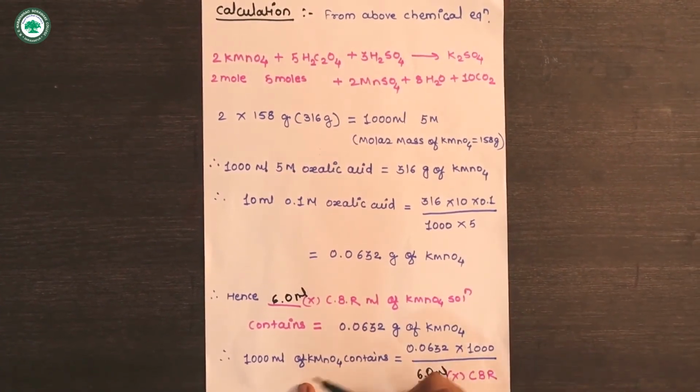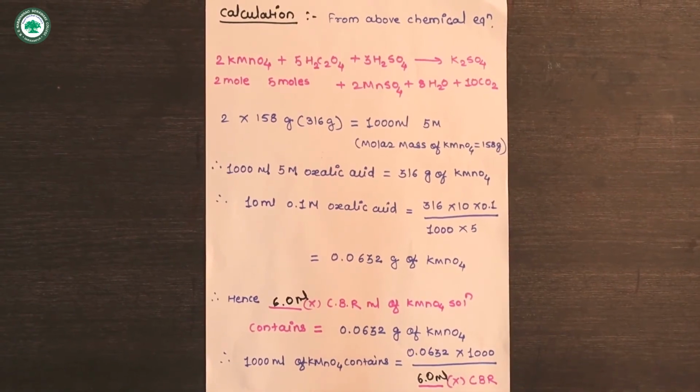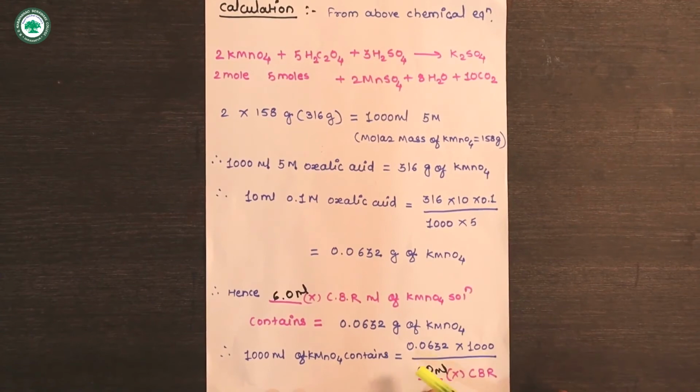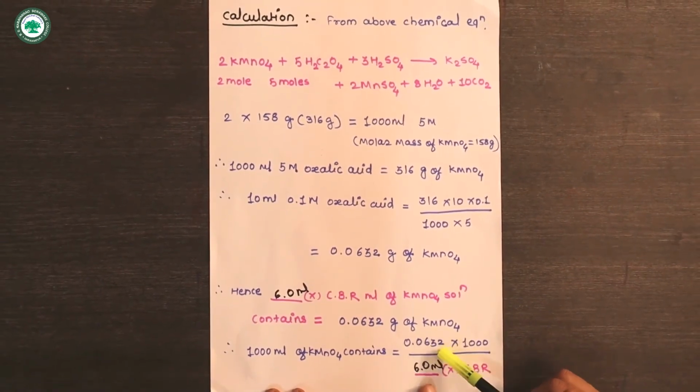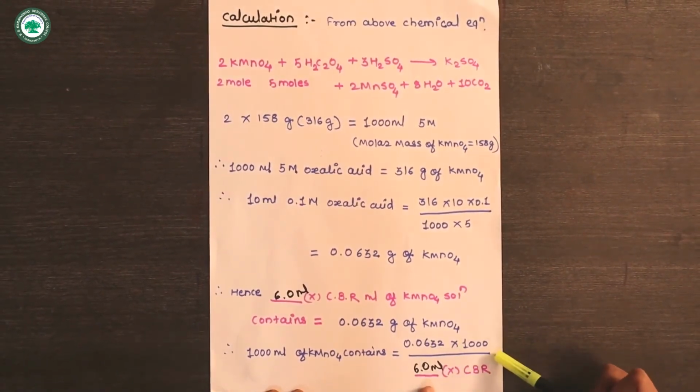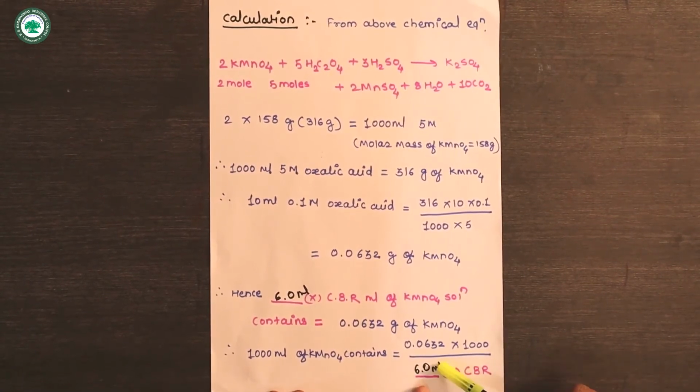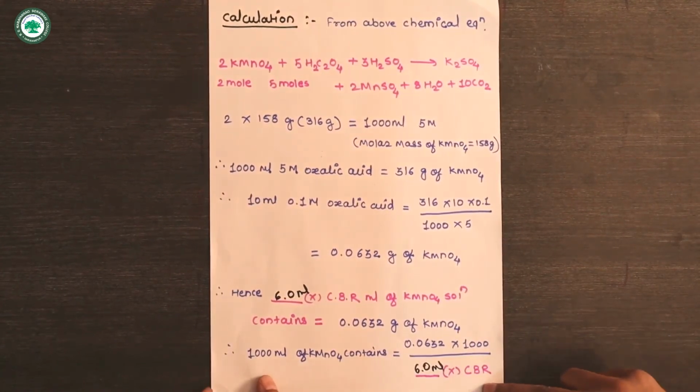Hence 1000 ml of KMnO4 solution contains, again cross multiplication, 0.0632 into 1000 ml divided by 6.0, the burette reading, and calculate.